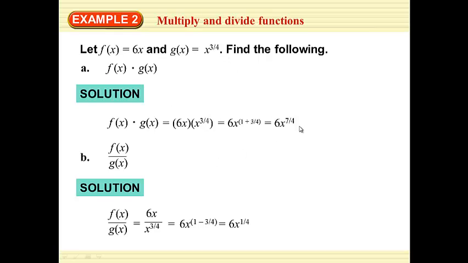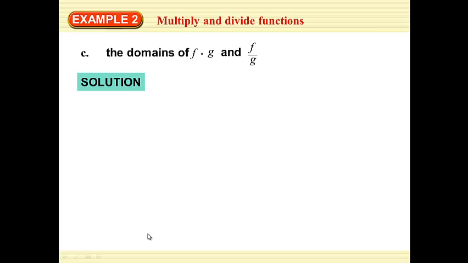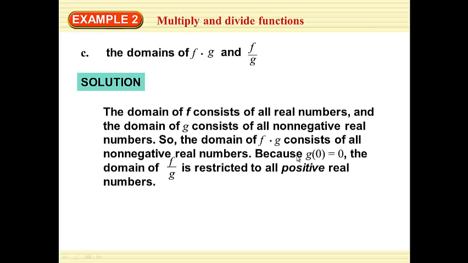Because technically we're taking an even root in the g function. So the g function has a domain of all non-negative real numbers. Now the domain of this function cannot include 0 though, because we're dividing by 0 there. Let's see if they mention that. Because g of 0 equals 0, the domain is restricted to all positive real numbers, not including 0.